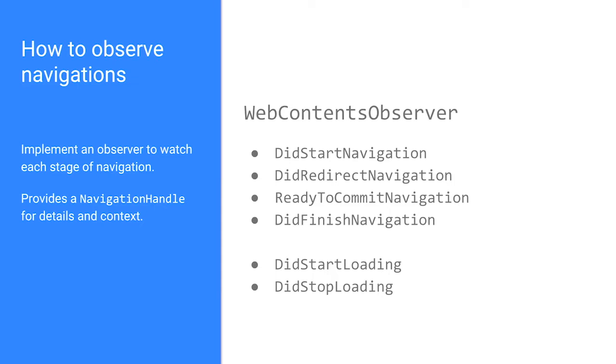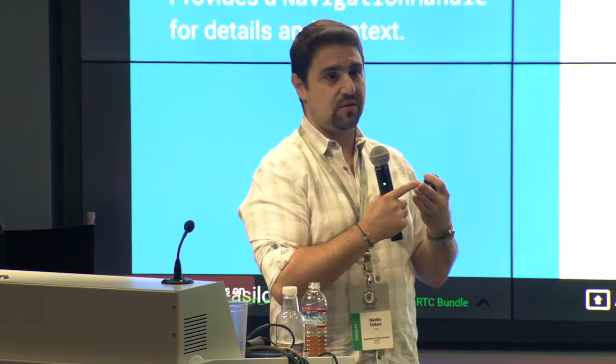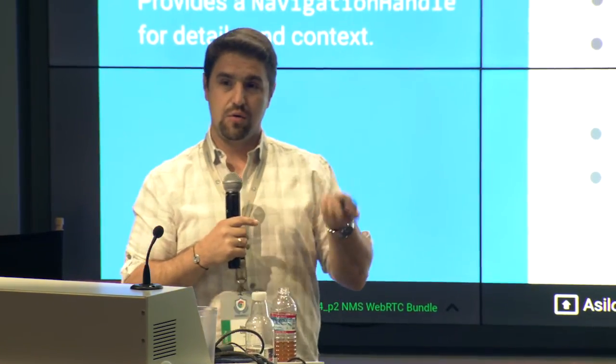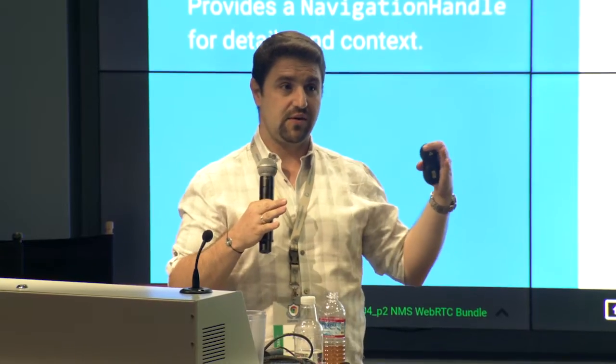You can think of it as a read-only interface into the navigation subsystem telling you, this is what's happening. This is a navigation to this specific URL that has encountered these redirects or has the following properties. So you can query that NavigationHandle object to understand more about what happened. And DidStartLoading and DidStopLoading are the events that bracket a navigation and load.